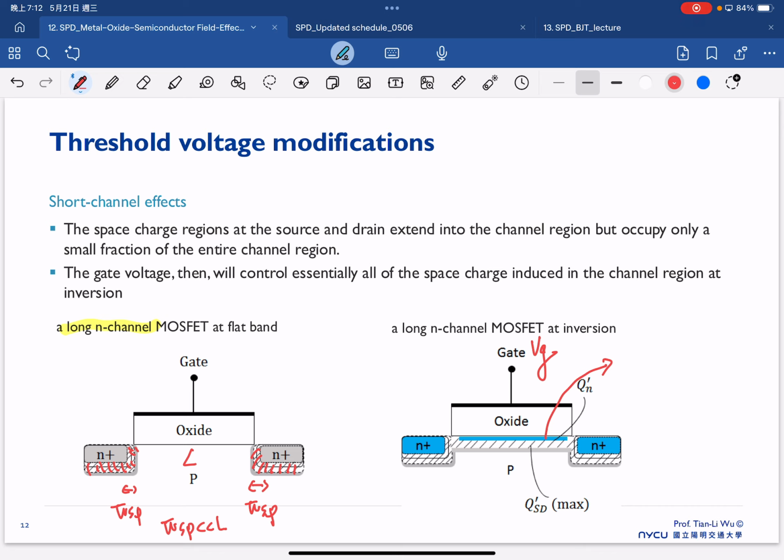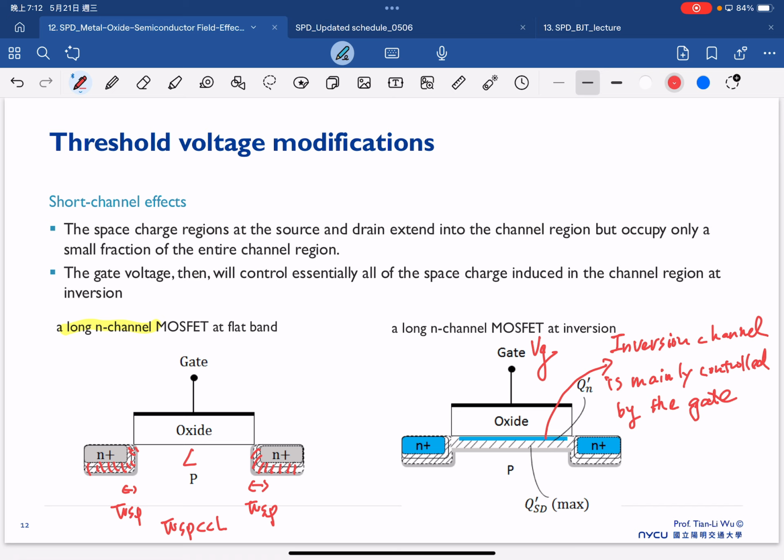So at this moment, the inversion channel is mainly controlled by the gate. That's the case with the long channel transistor.